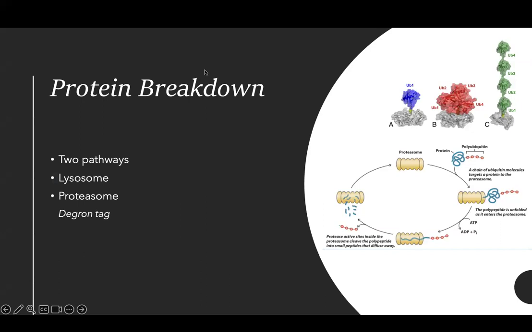And if there are 4 ubiquitin tags attached to a protein, it will then be broken down in the proteasome. So we have a protein that contains the polyubiquitin signal, and this gets transported to the proteasome, and with the expenditure of ATP, the proteasome containing proteases will then cleave the protein into its amino acid subunits.